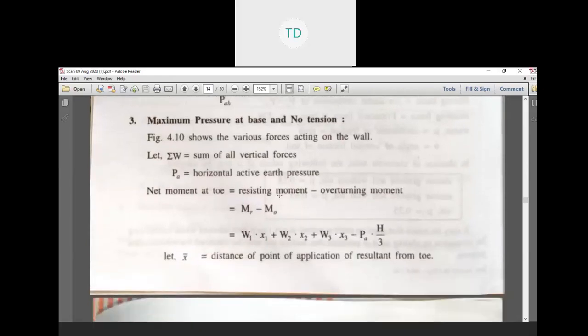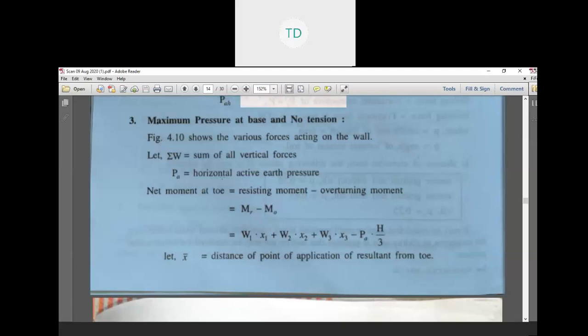Now, maximum pressure at base and no tension. Let summation of W be the sum of vertical forces, PA the horizontal active earth pressure.